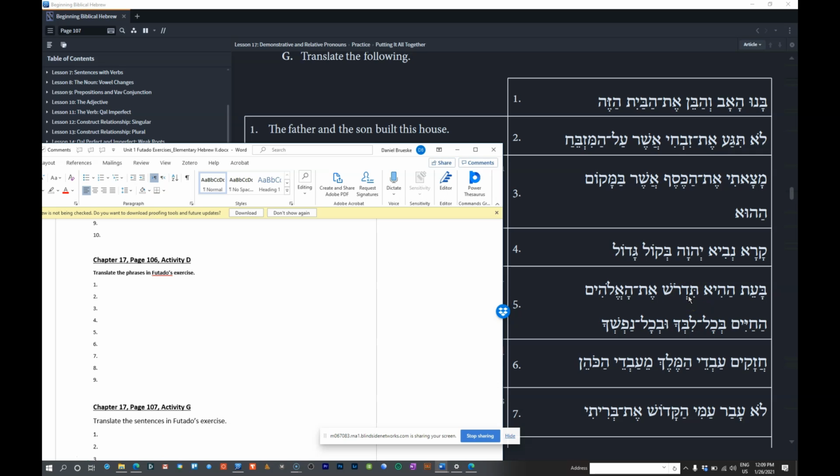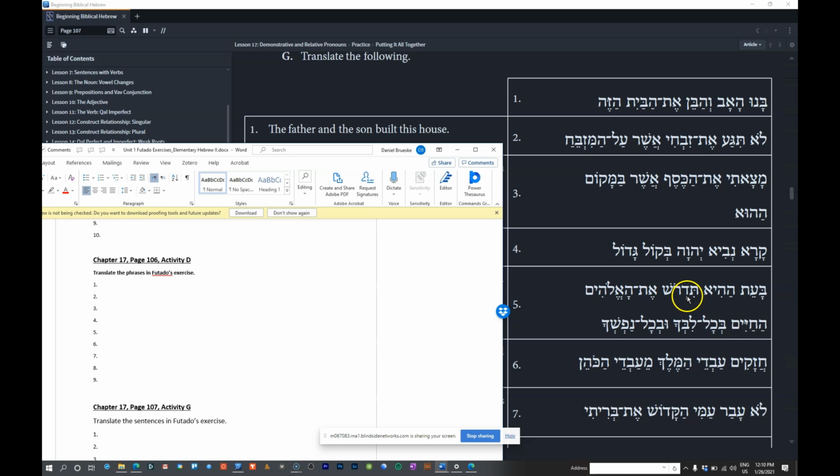All right. We might be done. That might be our root, but we've got to check. Is darash a verb that we've learned? It is. Darash, he sought or he inquired or he searched for. Now, inevitably, when you're reading your Hebrew Bible, you're going to come across roots that you've never learned, because there are so many different roots that it will take a while for you to become familiar with all of them. In that case, just because you haven't learned it doesn't mean it's not a root.